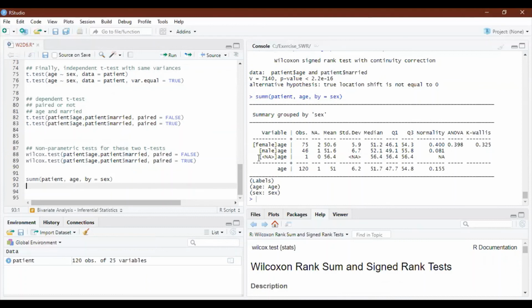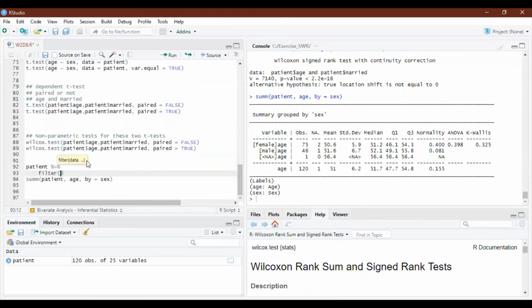But here we didn't remove any value, so it assumed that there are three groups, so it gives you the ANOVA and Kruskal-Wallis test. We need to remove that missing value. How to remove it?